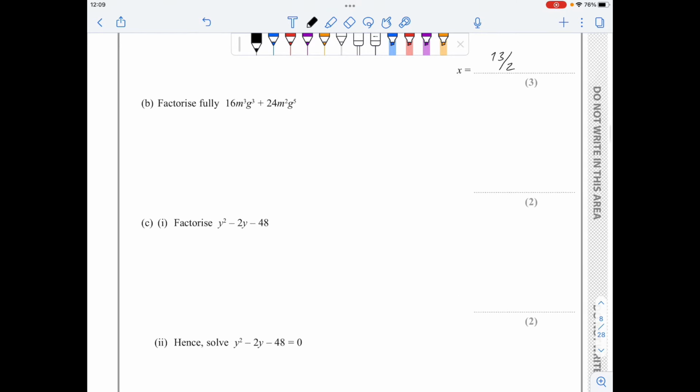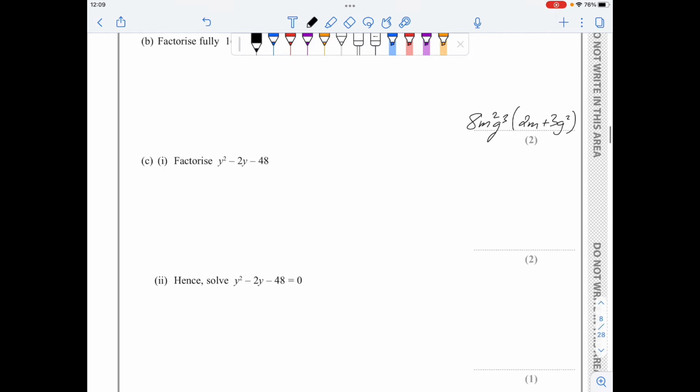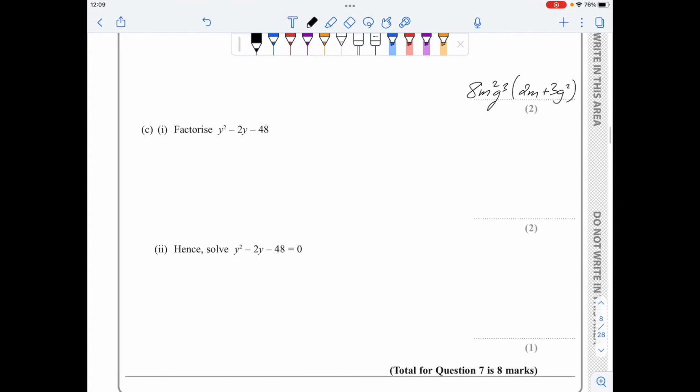For part B, the common factor is 8m squared g to the power of 3, and then I'm left with 2m plus 3g squared inside the bracket. For part C, I'll start by factorizing.